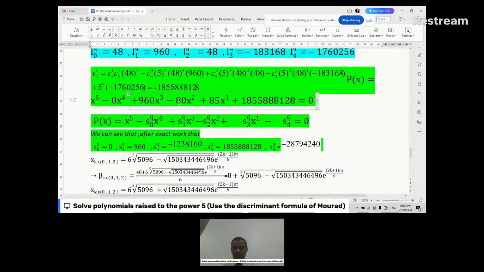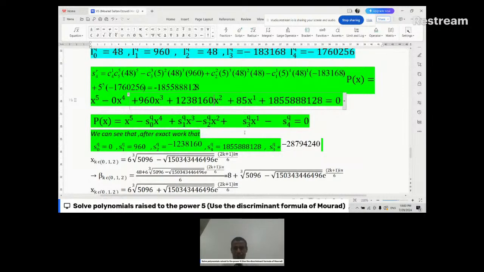Then minus S2. S2 is negative, so here it will be positive: 1,238,160.